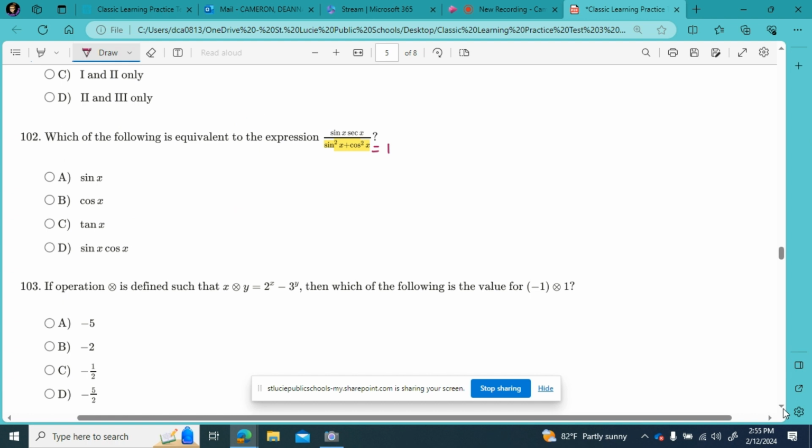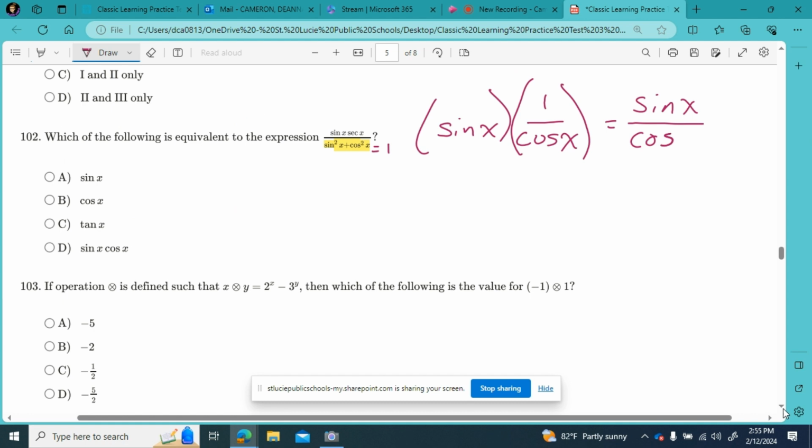So we're only looking at sine x times secant x. And again, on your reference sheet, secant x equals 1 over cosine of x. So this equals sine of x times 1 over cosine of x, which is your tangent of x.